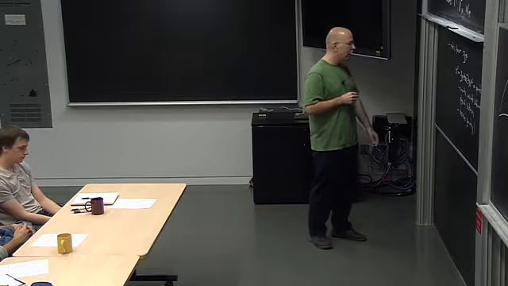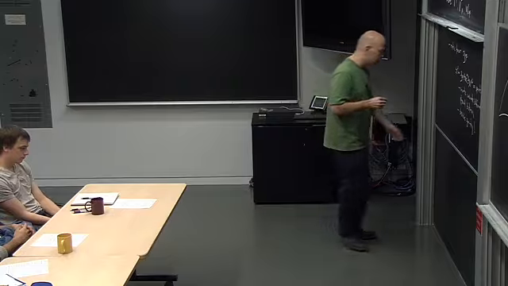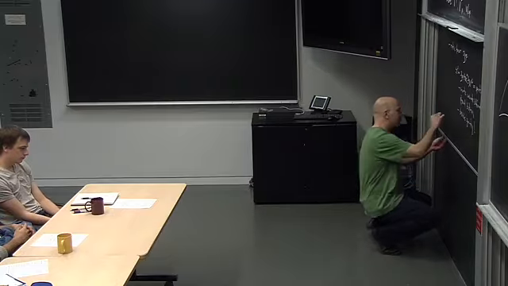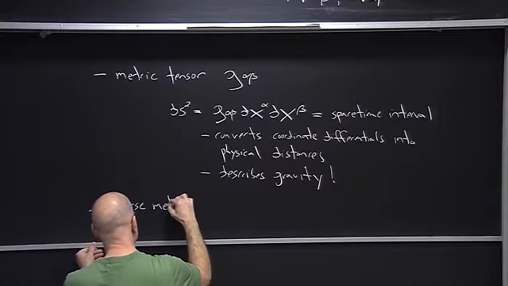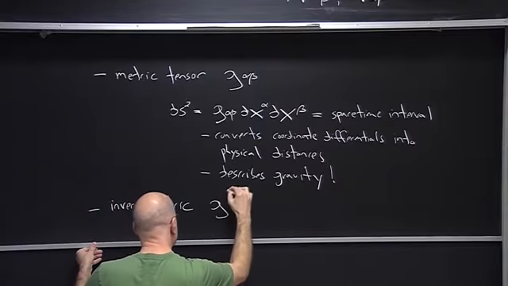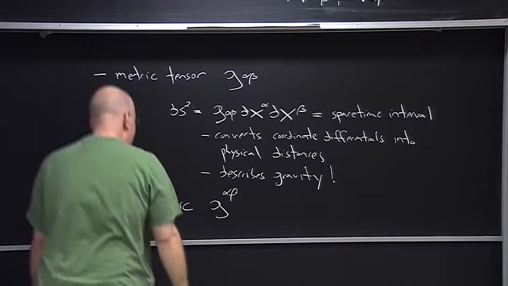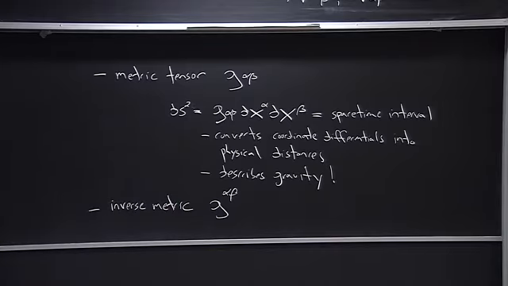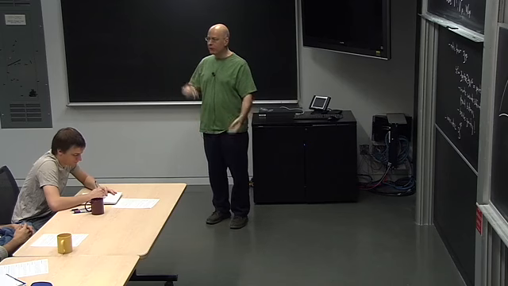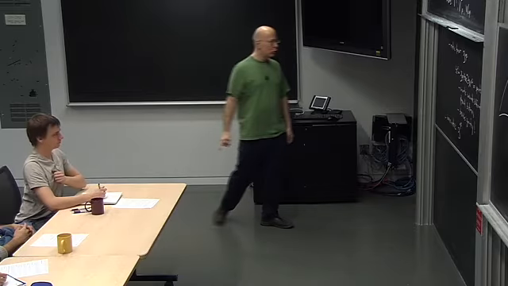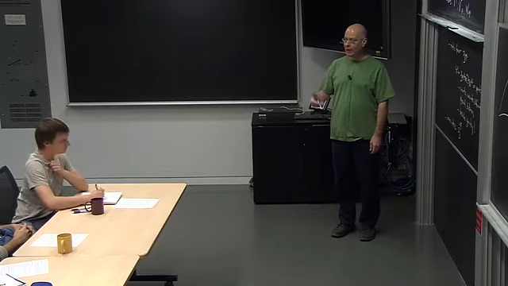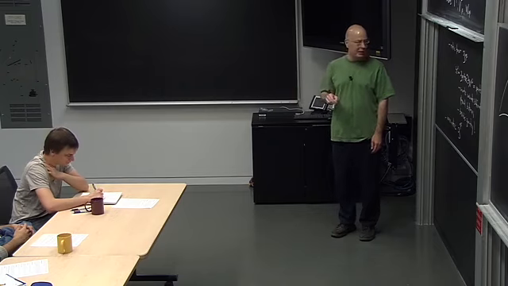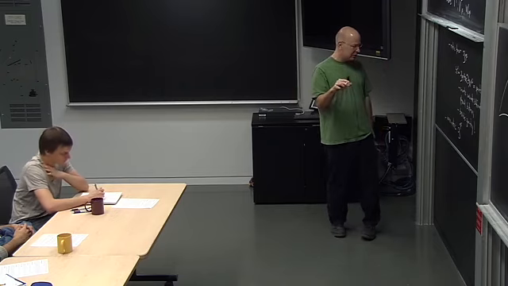So we have the metric tensor. I'll just introduce the inverse metric. And by inverse metric, I really mean the matrix inverse of the original matrix representation of the metric. So metric and matrix are close words, so it's a little bit funny to say that sometimes.